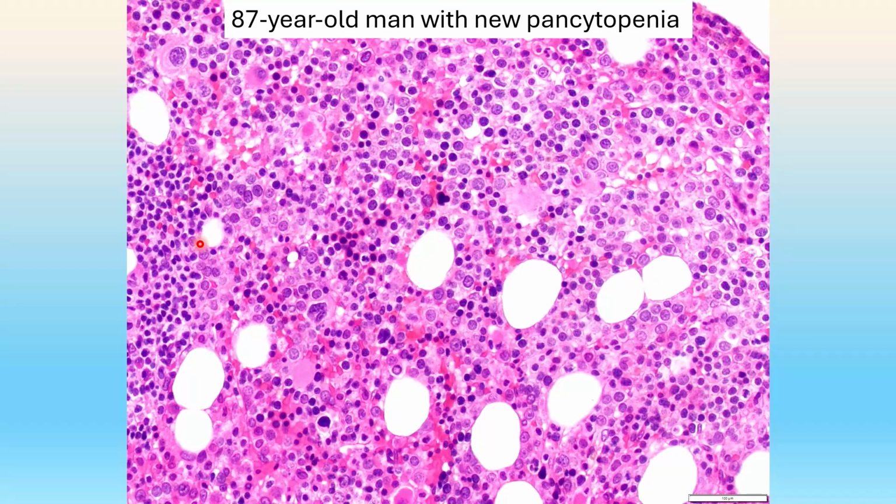This is another example of an 87-year-old gentleman with new pancytopenia. You can see again that the megakaryocytes are quite small and dysplastic, and there is a lot of erythropoiesis with some megaloblastoid changes, some erythroid left shift. CD34 is showing again this pretty abnormal pattern with maybe a slight increase in blasts, a little bit of clustering like over here, which we don't like to see.